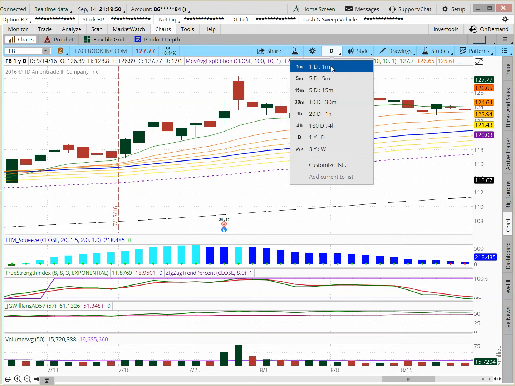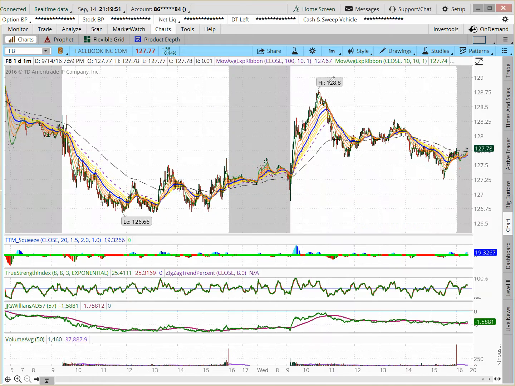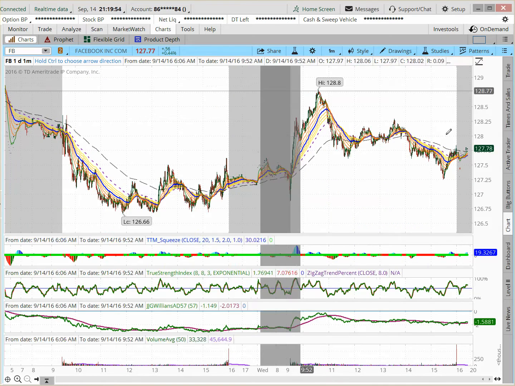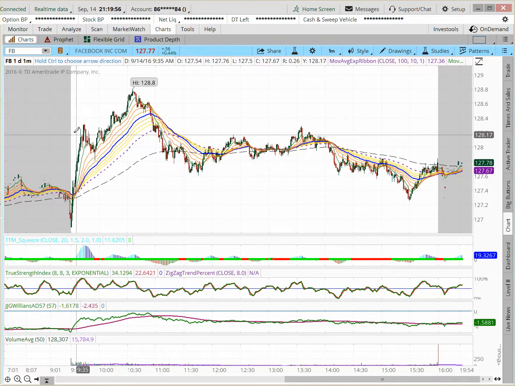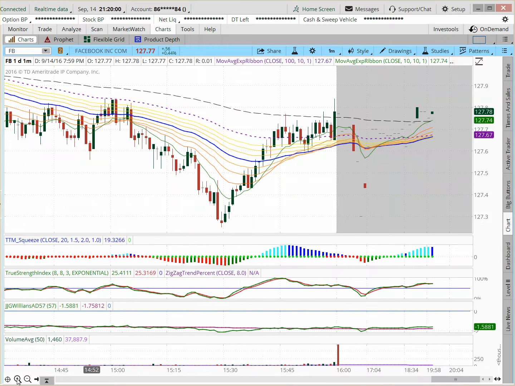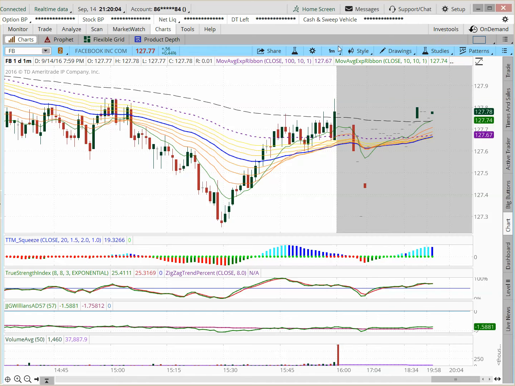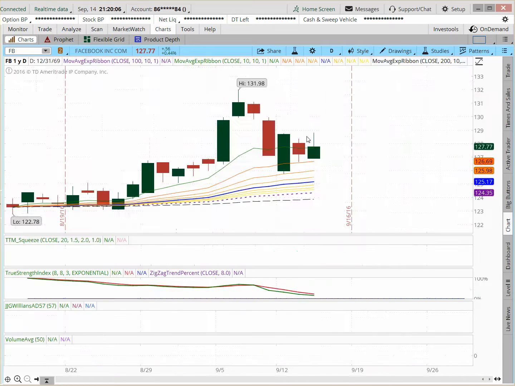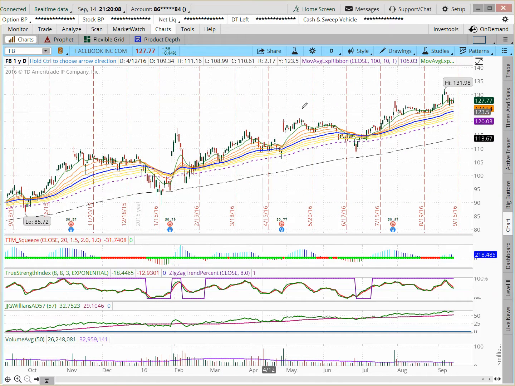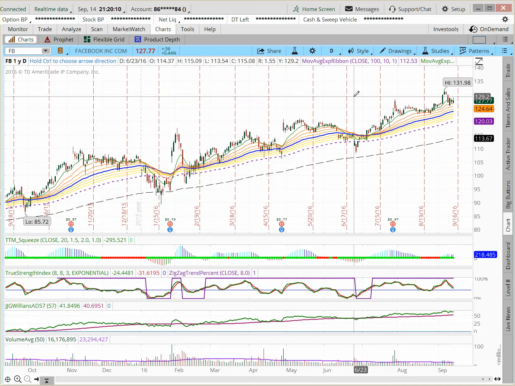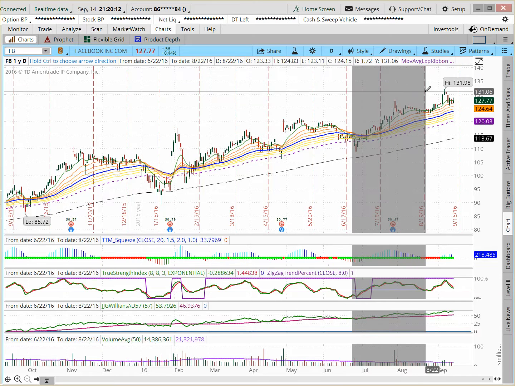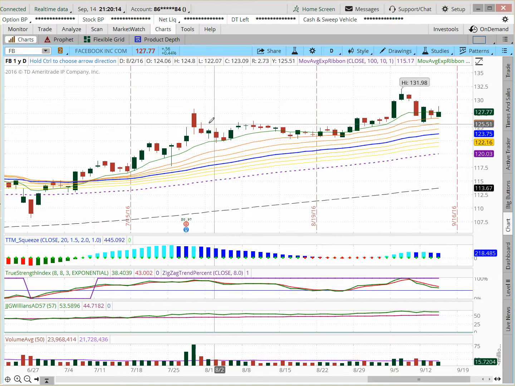If I went to a 1 minute, then each candlestick you see here, which is very, very hard to see, would represent 1 minute. So going back to the daily, each candlestick will represent 1 day because we're on a daily.